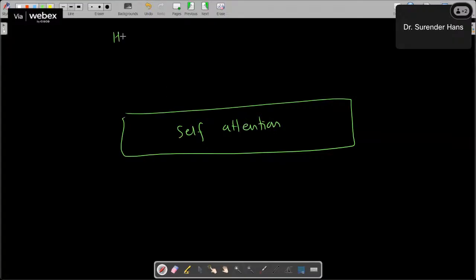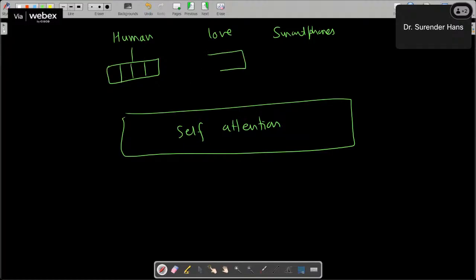Let's say the sentence is "human love smartphone", and this one is the word embedding for human, this one is the word embedding for love, and this one is the word embedding for smartphone.